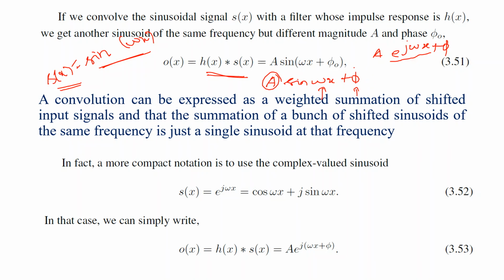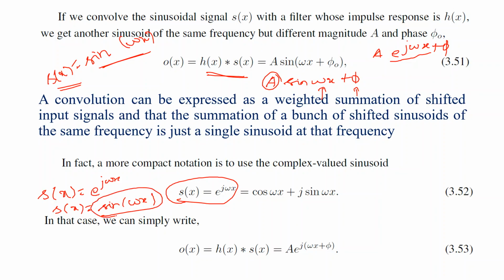If you want to make it very complex, we can go with e power j omega x. S of x can be represented as e power j omega x, or S of x equal to sine of omega x. Sine of omega x is simpler.